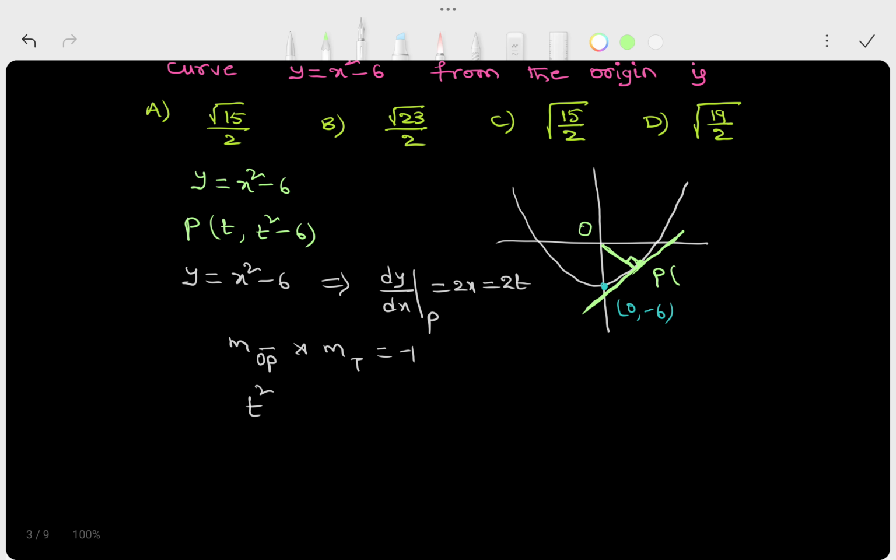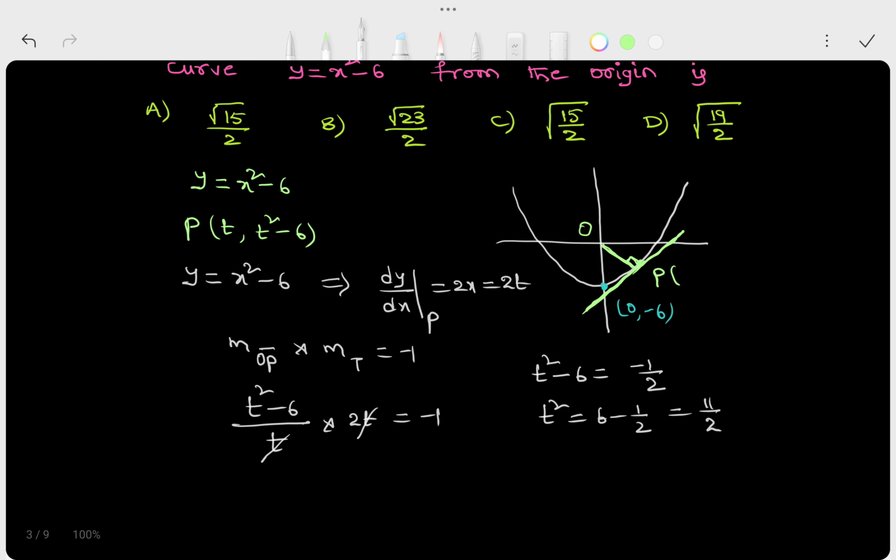Therefore (t square minus 6) divided by t, into slope of the tangent 2t, is equal to minus 1. So here t and t cancel. From this, t square minus 6 is equal to minus 1 by 2. So t square is equal to 6 minus 1 by 2, that is 11 by 2.